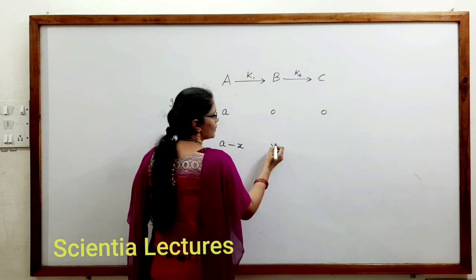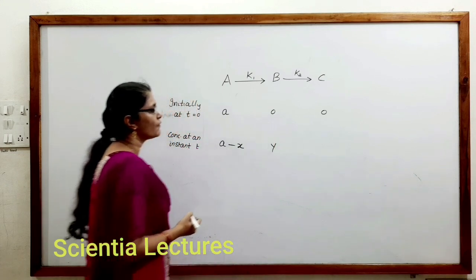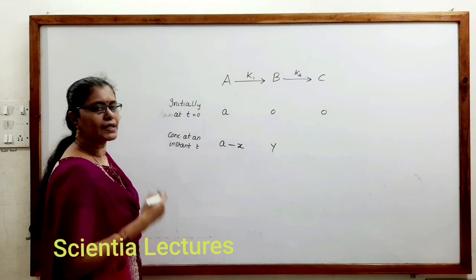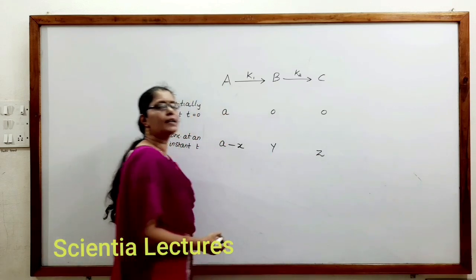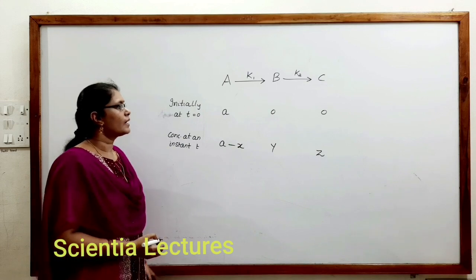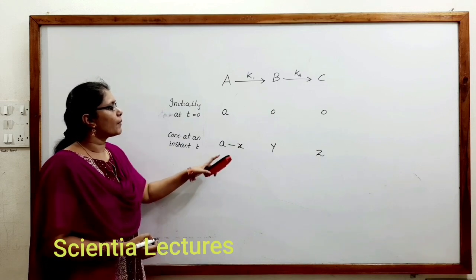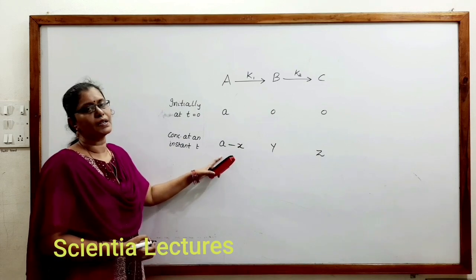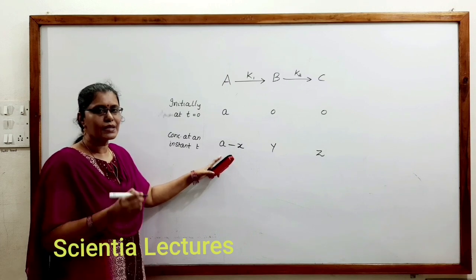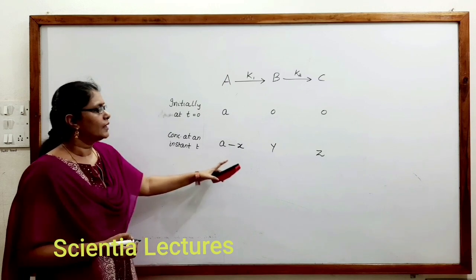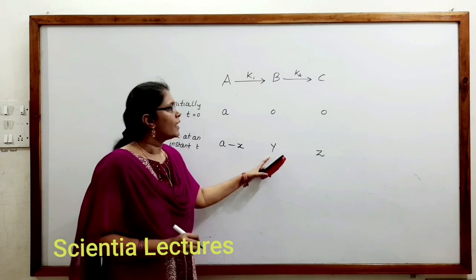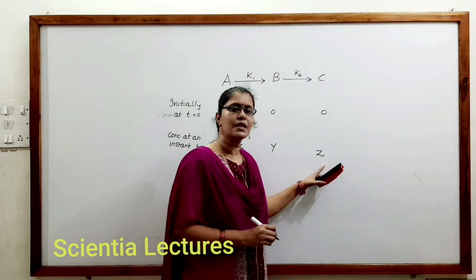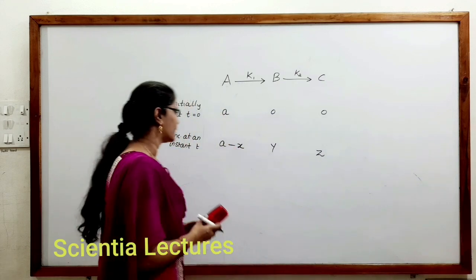Let the concentration of B be y at that instant T, and the concentration of C be z at that instant T. So the remaining concentration of A is a minus x, of B is y, and of C is z.